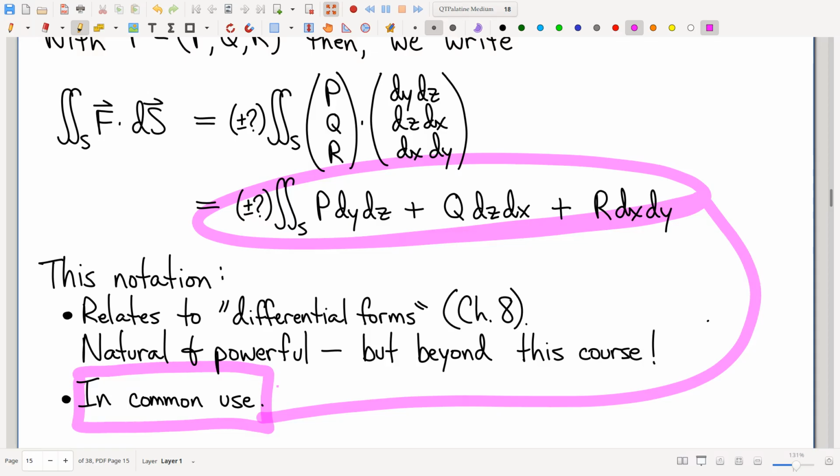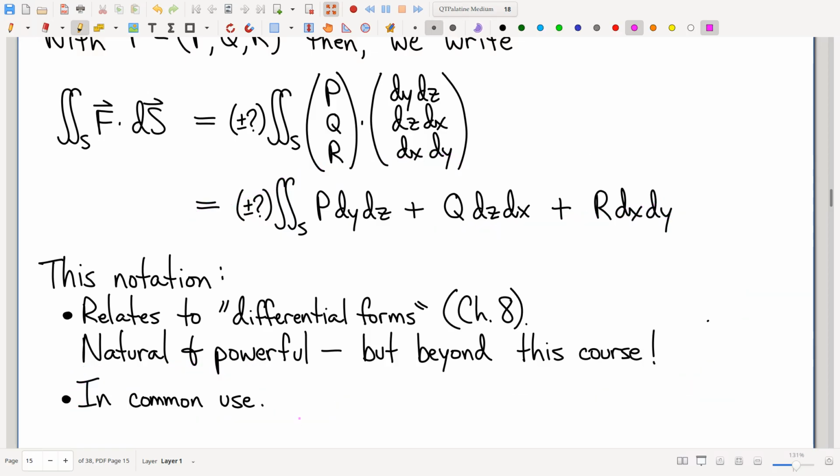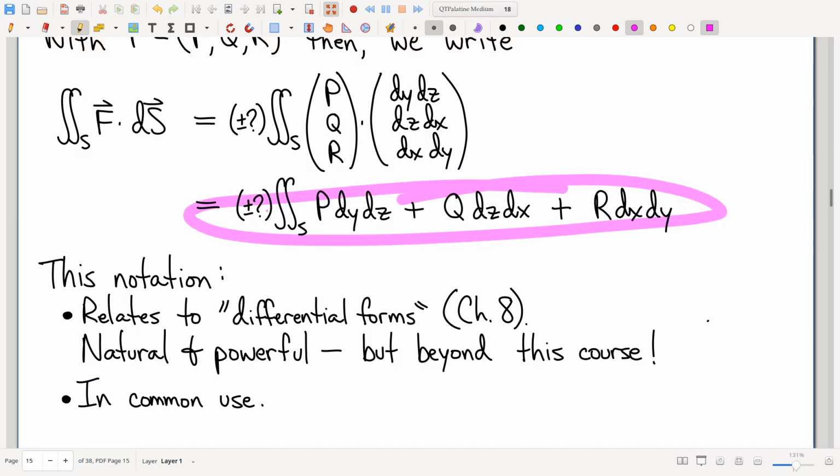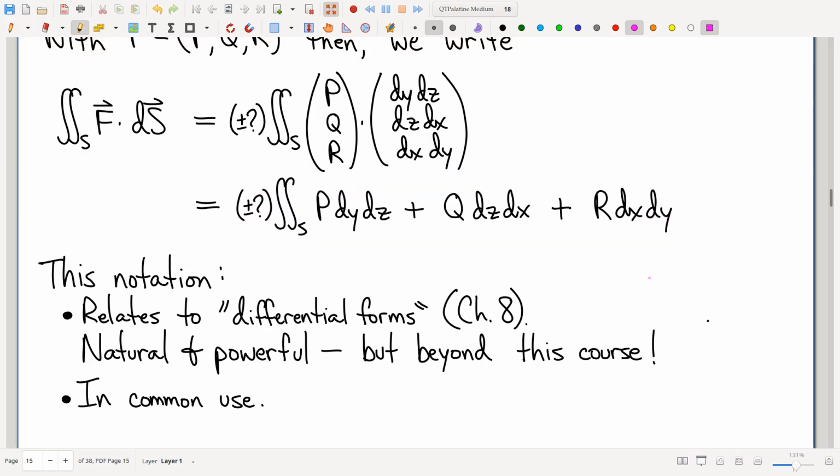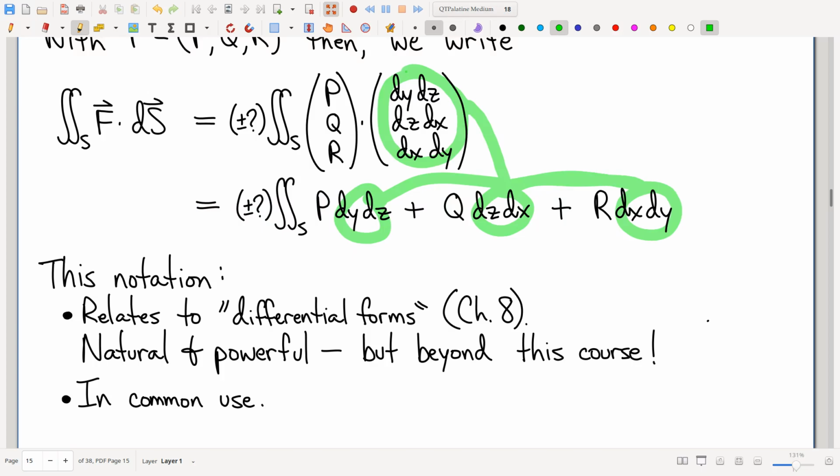In particular, the same story that I gave y'all with coordinate line integrals. When you see something like this, my idea is just remember that this here is just an alternative notation for the ds vector.